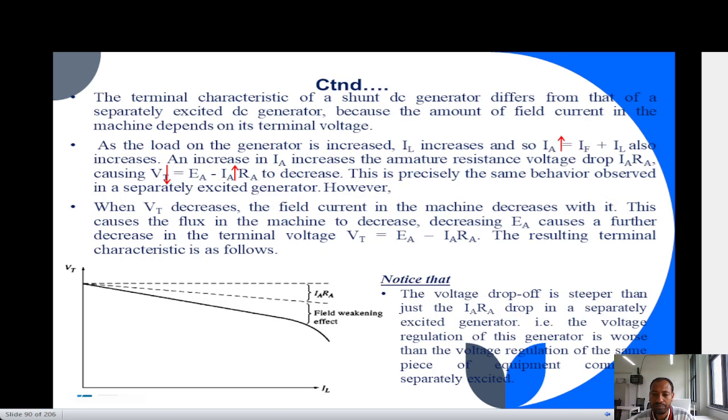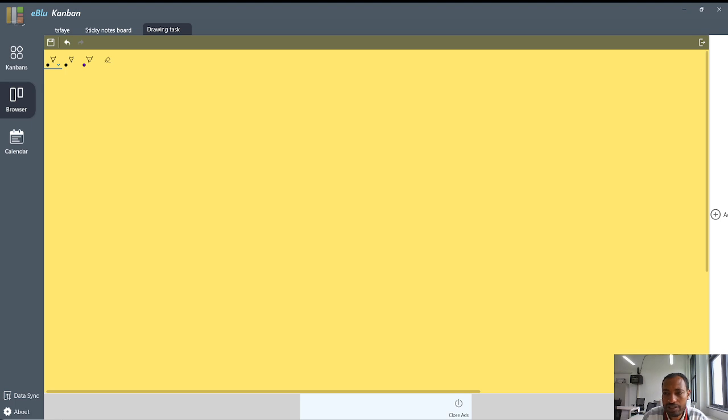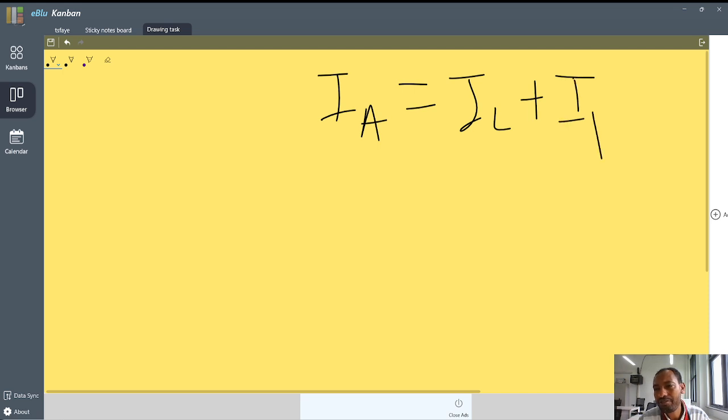Now we connect the load. What will happen if the load on the generator increases? If we increase the load on the generator, obviously IL will increase. IL increased means, from the equation in a shunt generator, IA is going to be IL plus IF.